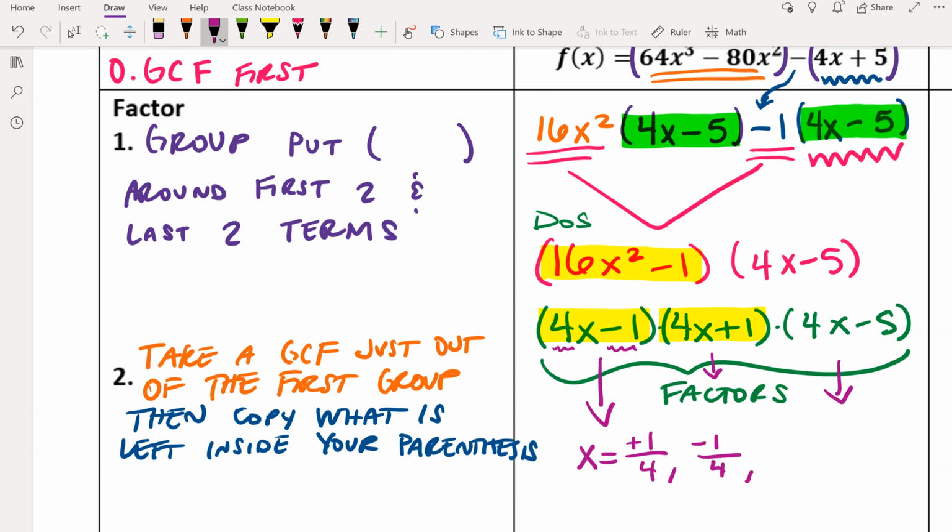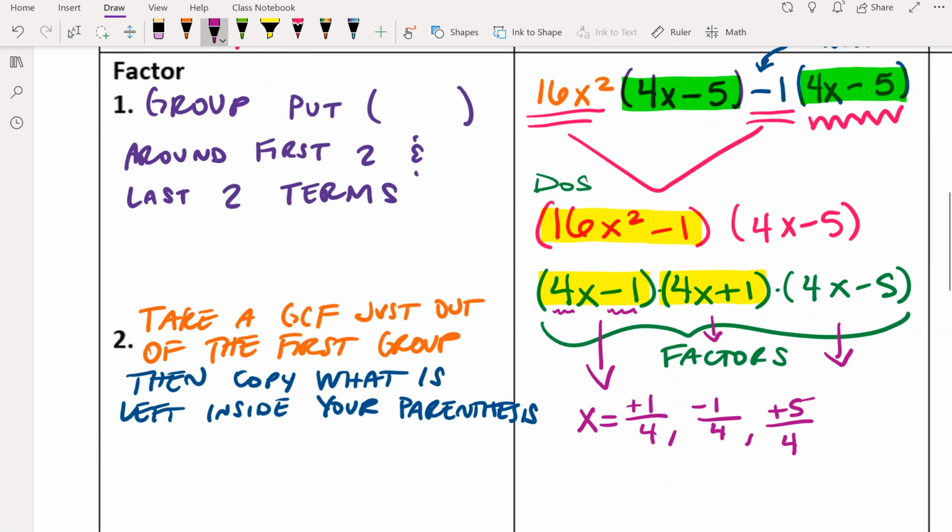And let's do the same thing for this factor, positive 5 over 4. Okay, so factors, and then make a note. These things are solutions. So when your test is asking for solutions, that is a different thing than when it asks for factors. Sweet.